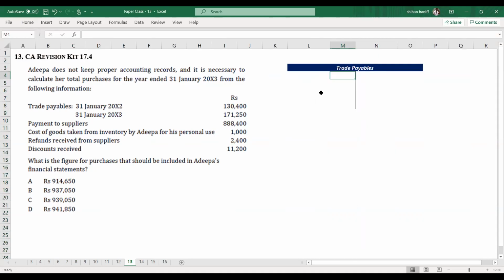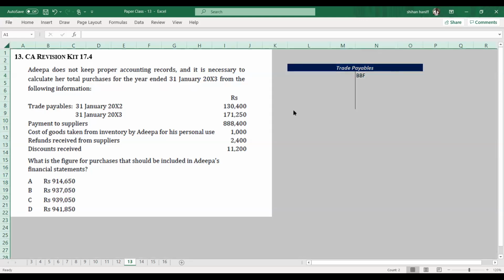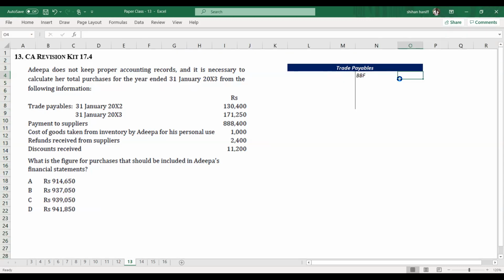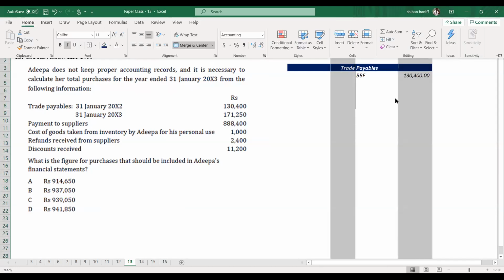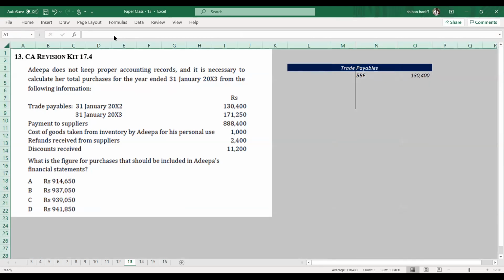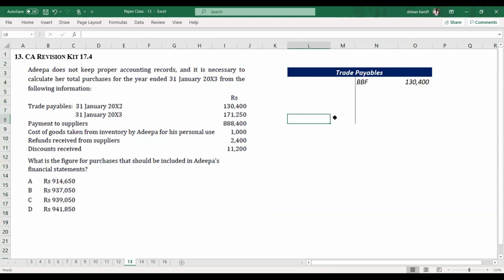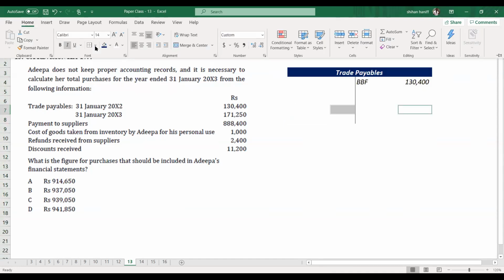Okay, so opening balance, trade payables are credit. Opening balance is 130,400.